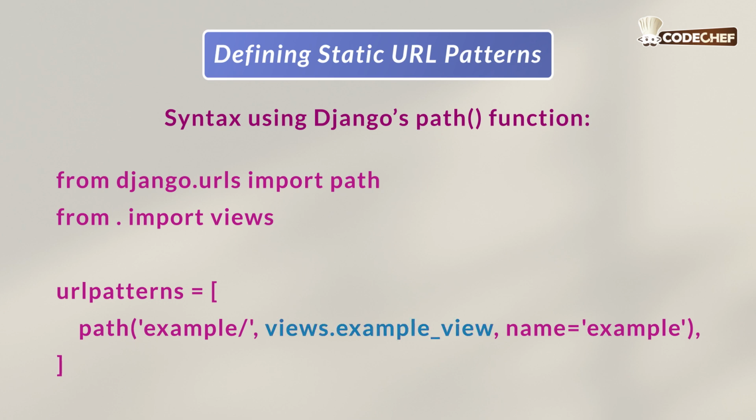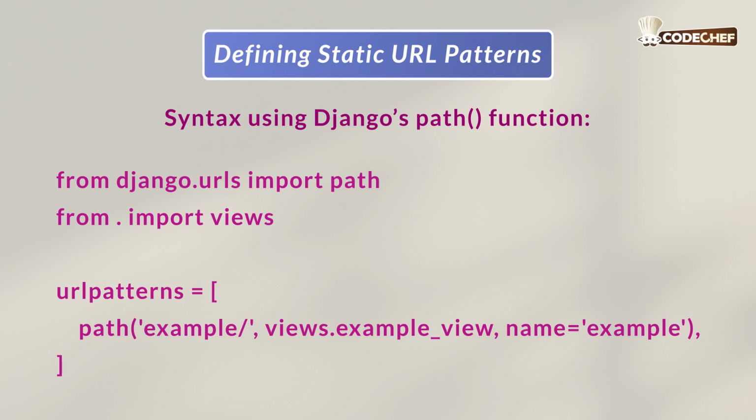So views. followed by the name of the view. example_view is the function that should run when the user visits this URL. And name="example" is an optional identifier which is useful for reverse lookups. Remember that these URL patterns are just a Python list, and you can define multiple URL routes inside this.